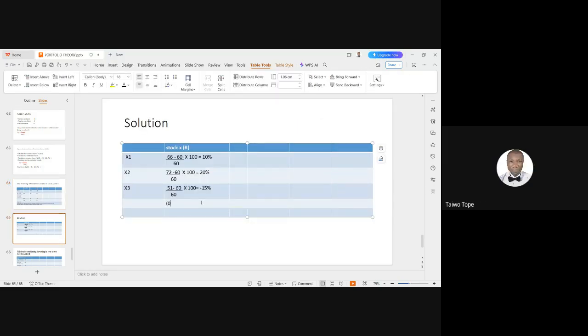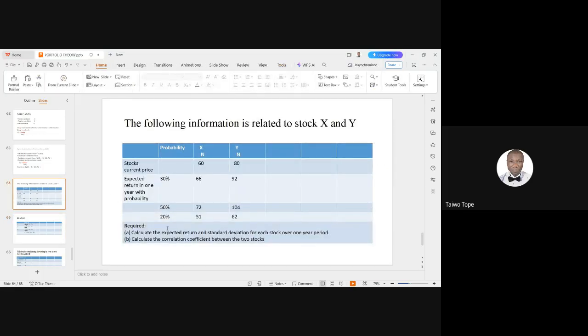So we have 0.3 multiplied by 10%, plus, when it is X2, it is 50%, so 0.5 multiplied by 20%, plus 20% multiplied by minus 15%.